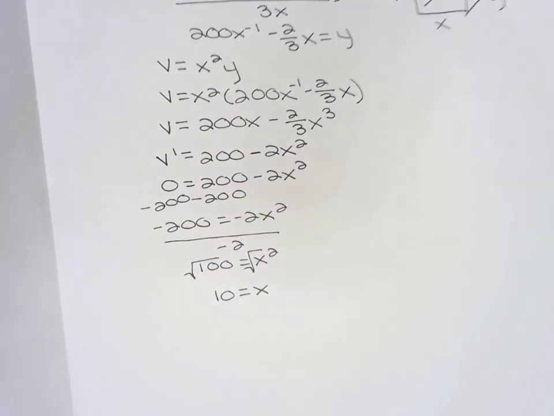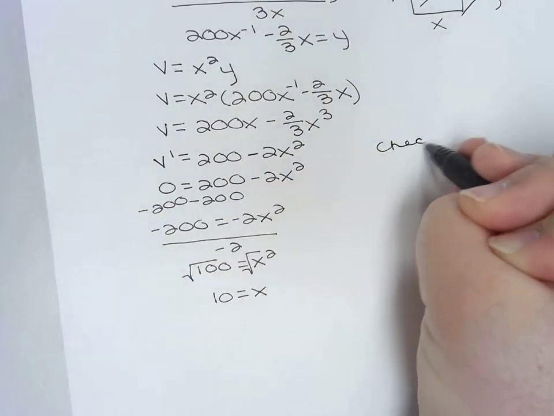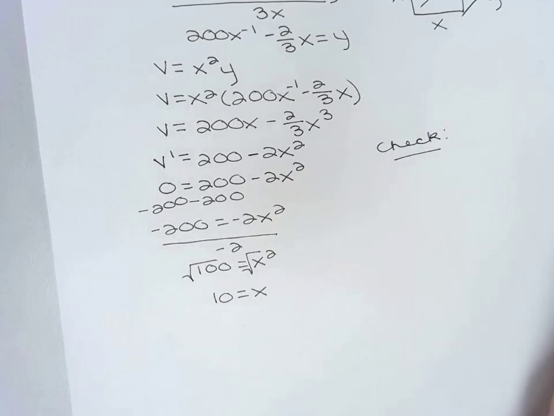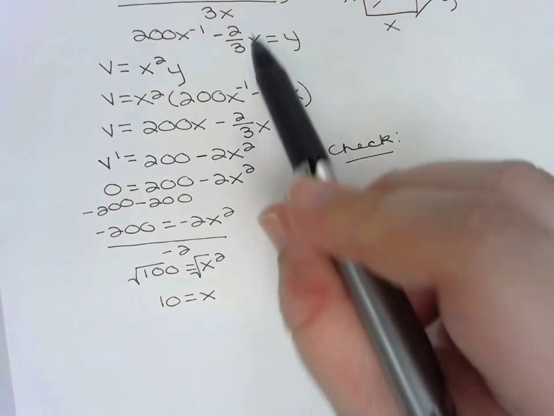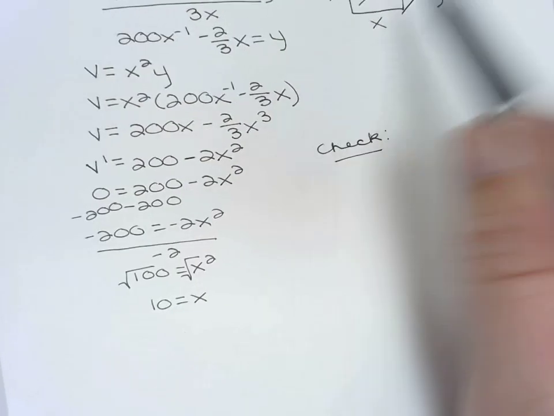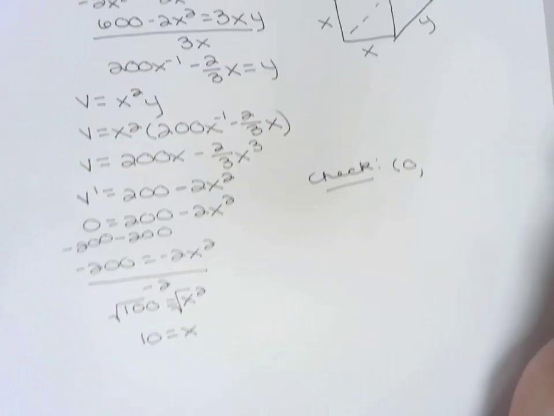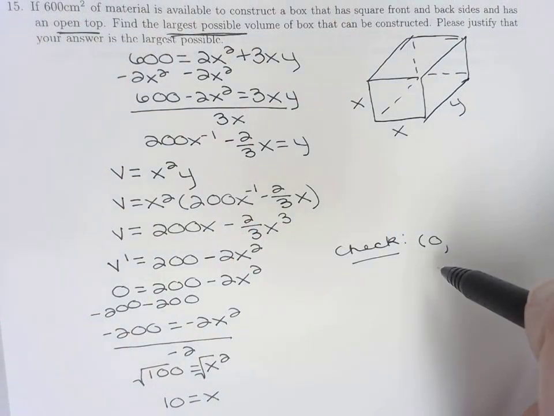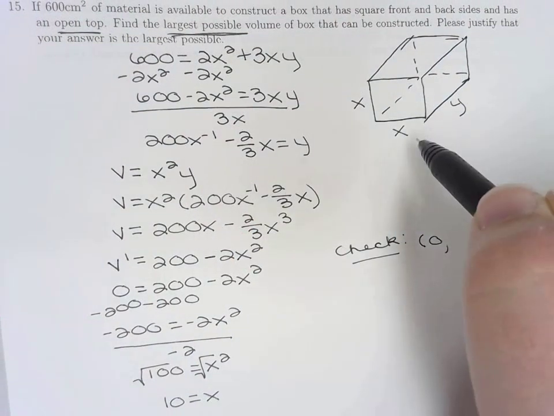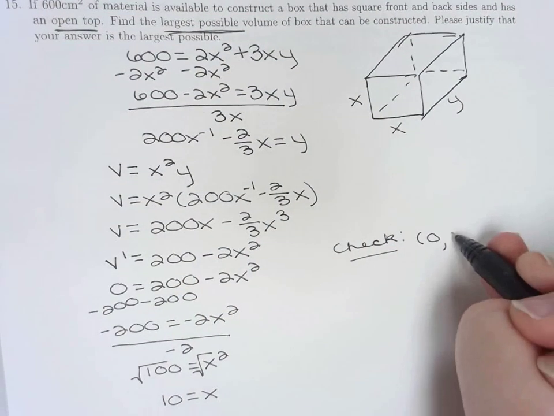We cannot assume that this is a maximum. We have to check it, and I gave you two options yesterday. One way to check that 10 is a maximum: interval. Check your interval. So if I think about my domain for x, it's going to be 0 to, technically, x could be any value between 0 and 600.